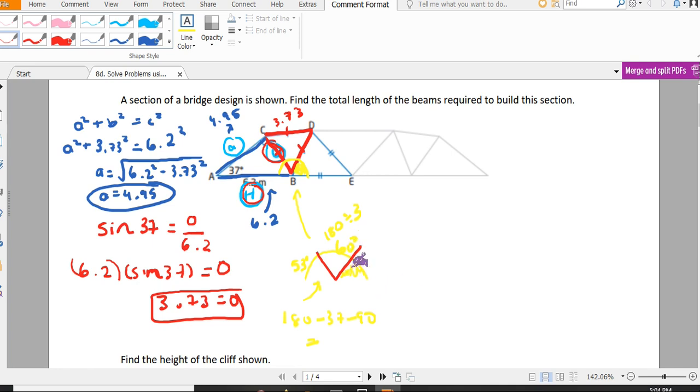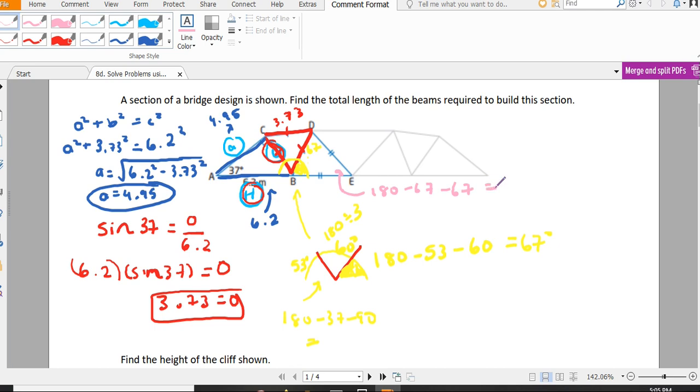Which means this missing angle is going to be 180 minus 53 minus 60, which gives me 67 degrees. Which means this angle in here is 67, which makes this one also 67. And then this angle would be whatever 180 minus 67 minus 67 is.